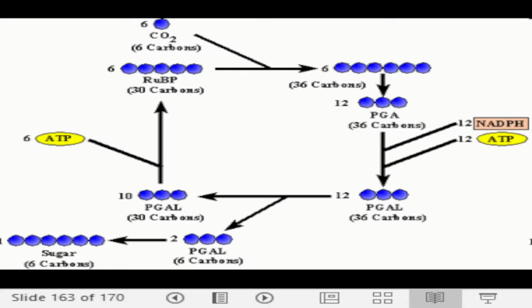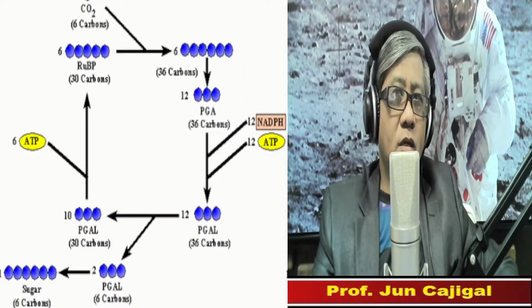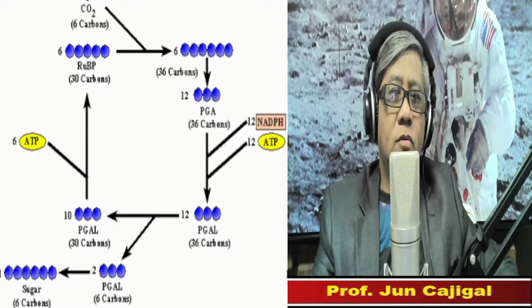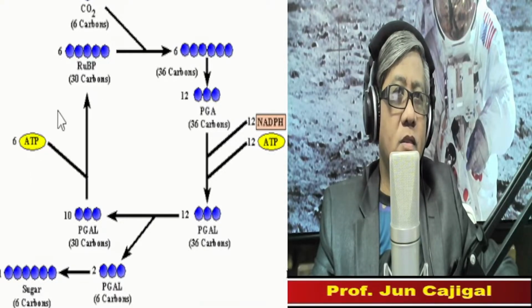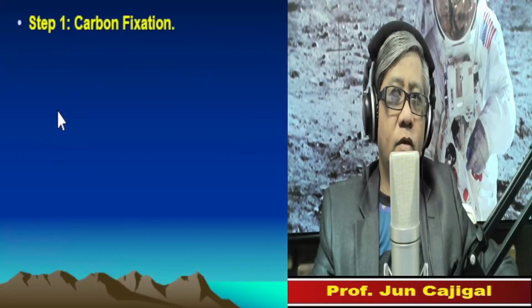So the carbon from carbon dioxide is fixed into RUBP. RUBP has 5 carbons in its molecular structure, plus you have the carbon from carbon dioxide. You form a 6-carbon compound which is unstable. This unstable compound will easily split into 2 molecules of PGA, or phosphoglyceric acid.